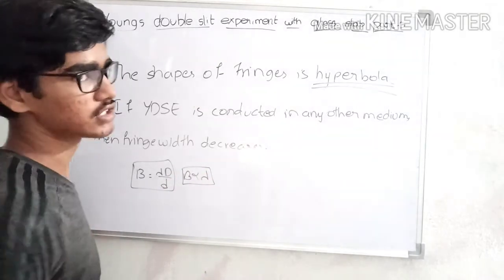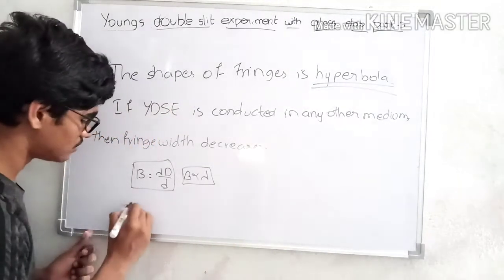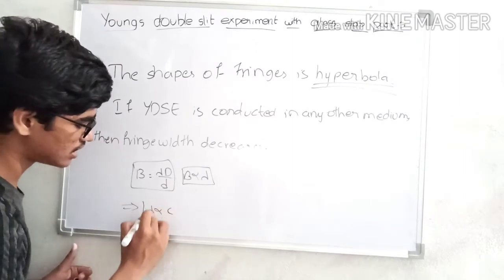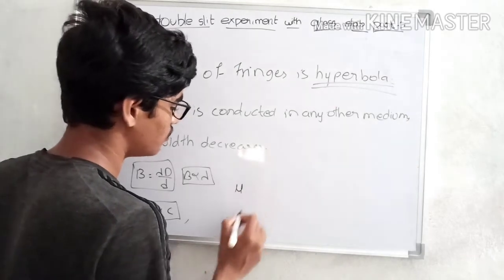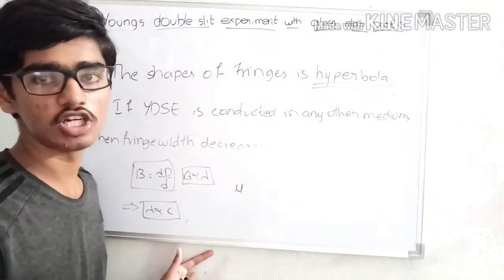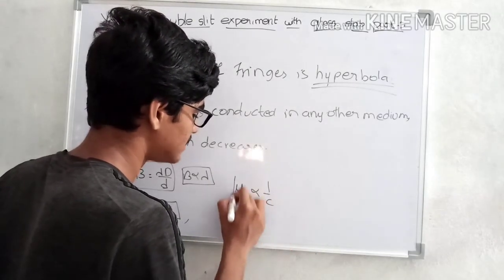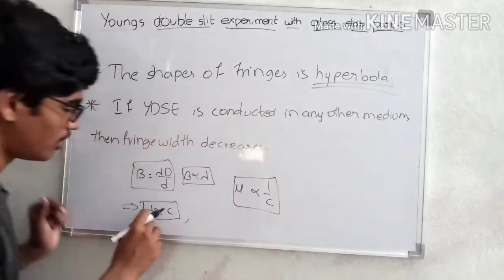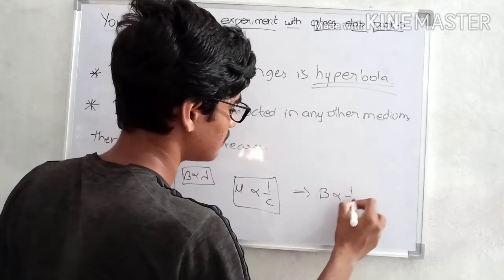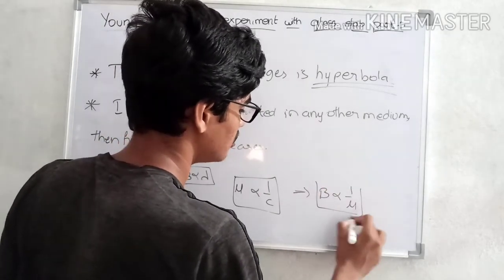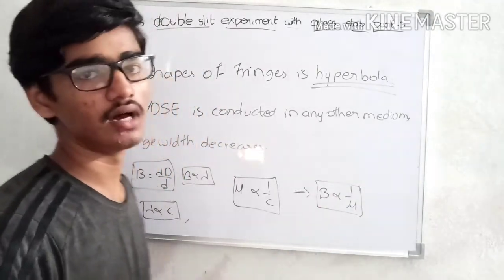We know that the wavelength of light in a medium is directly proportional to the velocity of light in that medium. And the refractive index of a medium is inversely proportional to the velocity of light in that medium, so mu is inversely proportional to c. From all these three points, beta is inversely proportional to the refractive index. That means fringe width decreases with the increase in the refractive index of the medium.